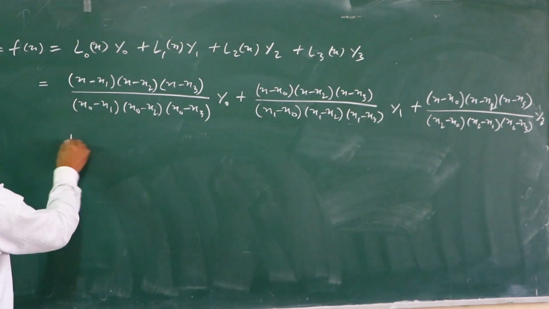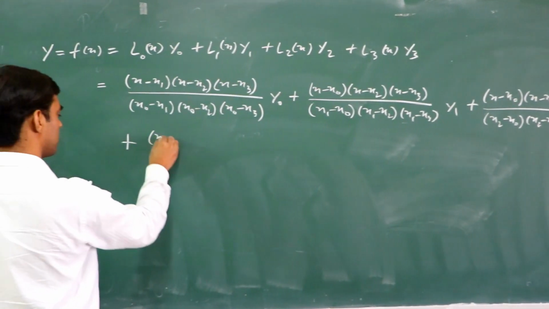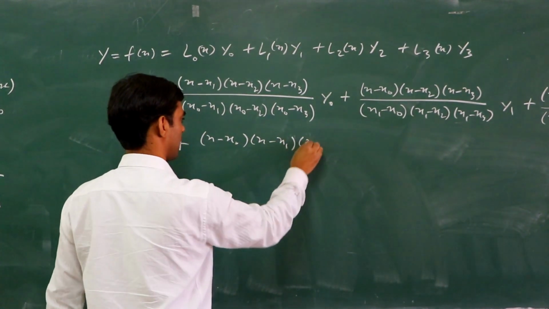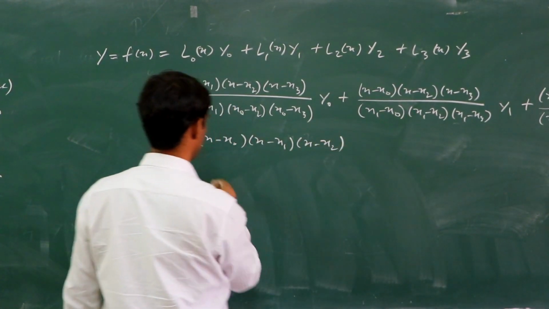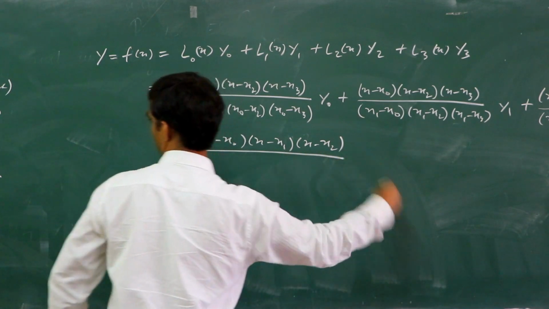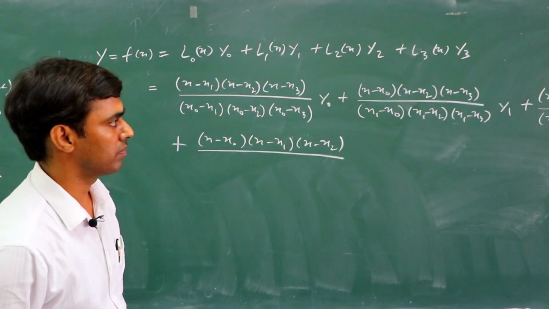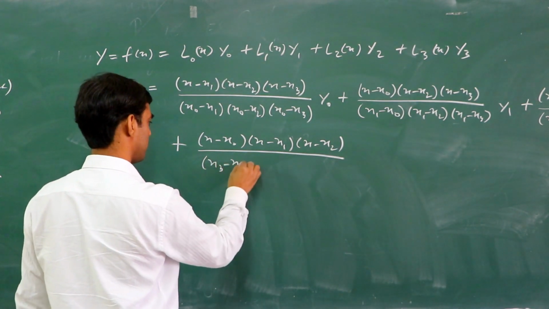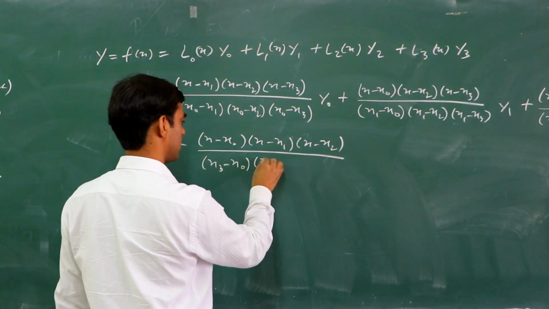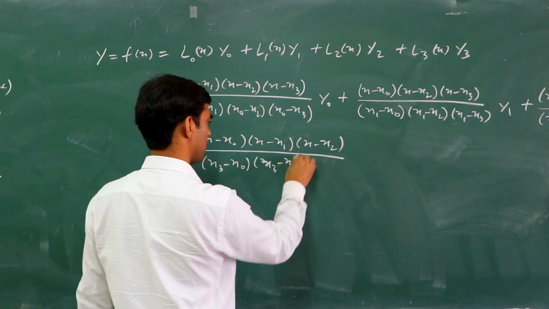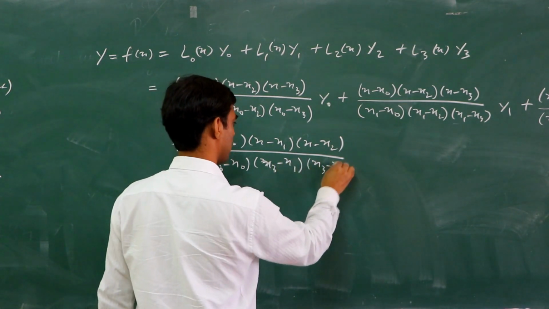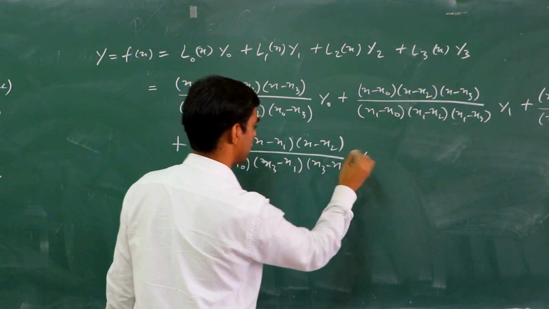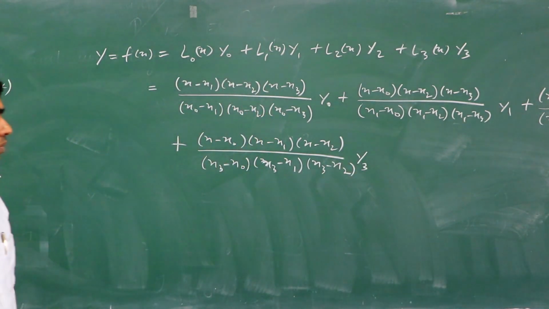And what is the last term? The last term is x minus x0, x minus x1 and x minus x2 divided by x3 minus x0, x3 minus x1 and x3 minus x2, and here we write y3.